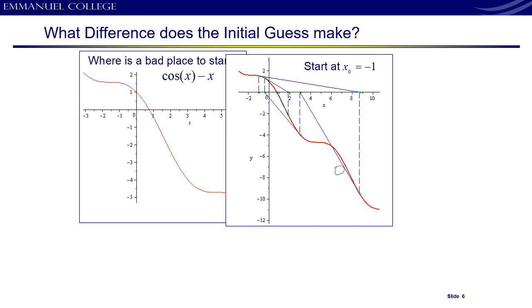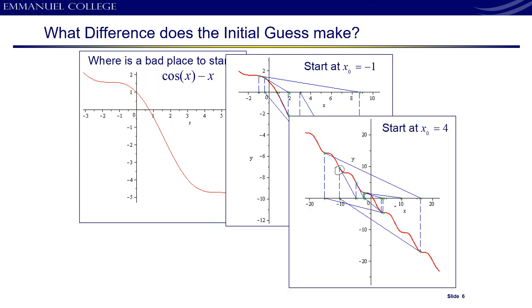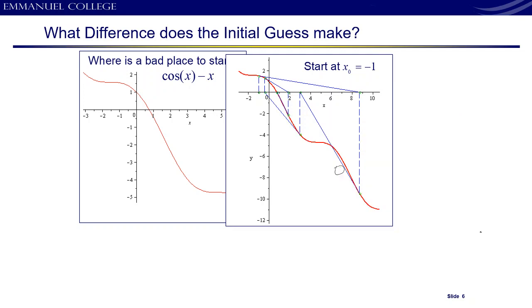So notice here at -1, the slope's kind of steep, but it's not too bad. It gets us there eventually. The problem with x naught equaling 4, to go back to this one, so here's 4, the slope's almost 0 here.